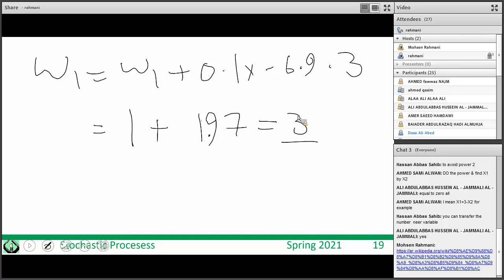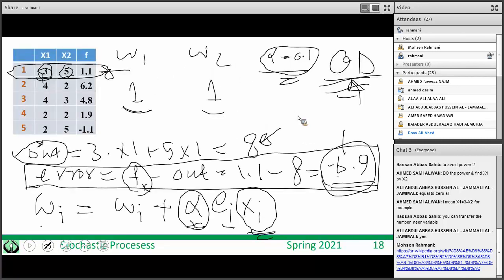So what did I do? I have modified the weight by a formula. Which formula? W1 is W1 plus alpha Ei Xi. Alpha is a fixed number between 0 and 1. We have chosen 0.1.